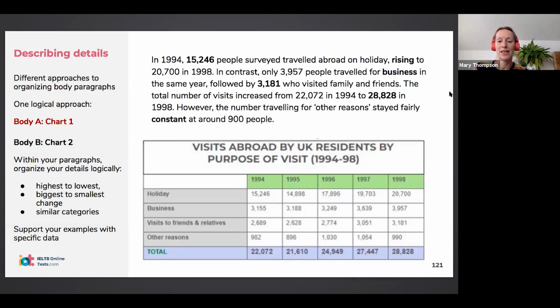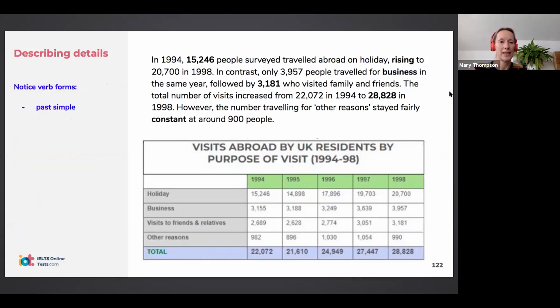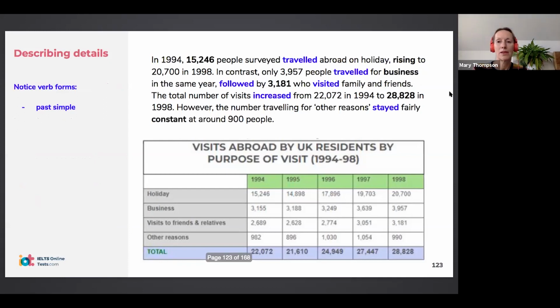Okay, so as you can see, you've got most of the information in there. And you've included the specific data. Okay, so notice the verb forms, past simple. Okay, traveled, followed, visited, increased, stayed.